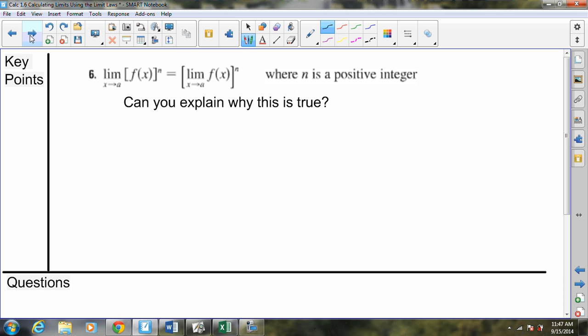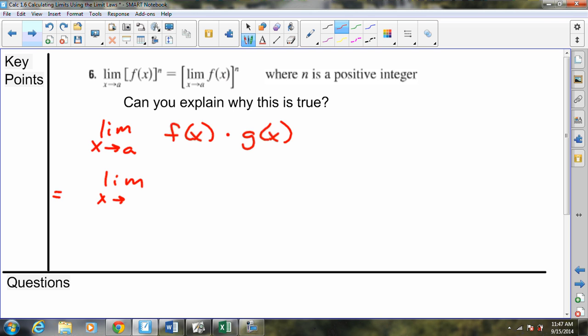Consider this. What if we took the limit as x approached some number a of f of x times g of x? What did our previous theorem say we would be allowed to do? The previous theorem said we could split it up as two limits.